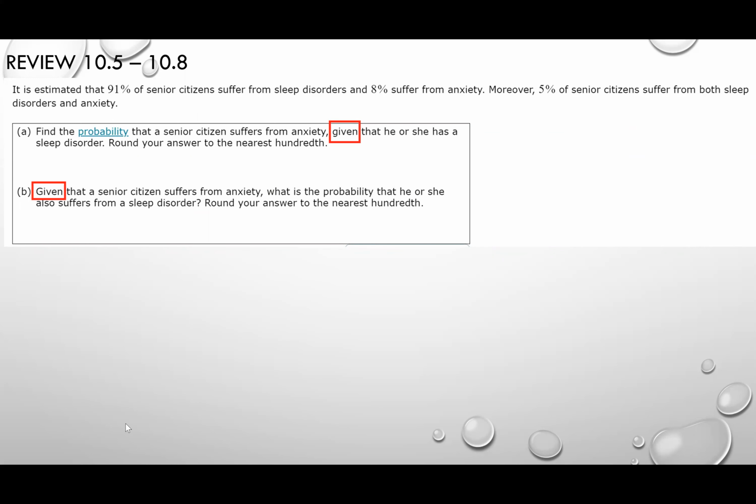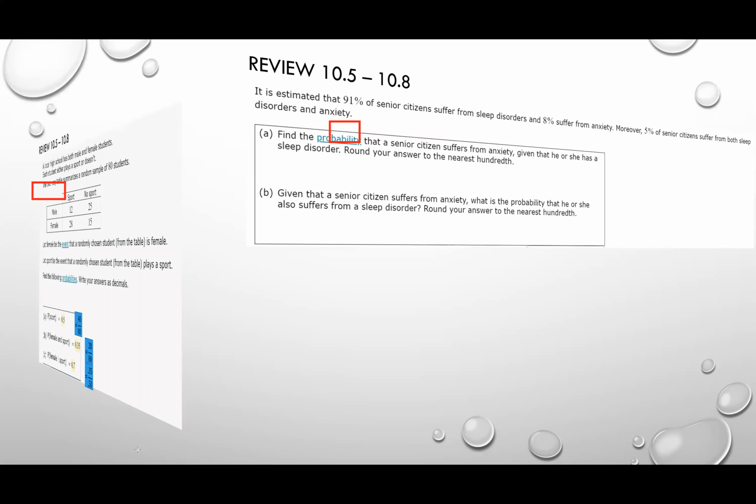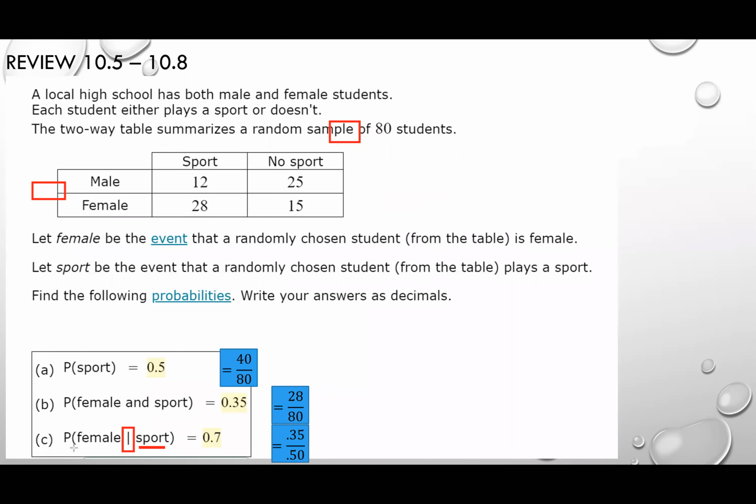If you look at the previous item, I asked you to find the probability of a female given that she plays sport. Anything after the word given, as you can see, the word sport, is my new denominator. Everybody see that?